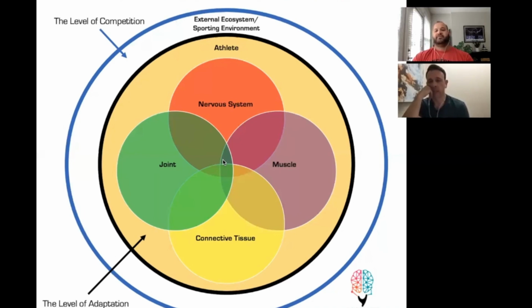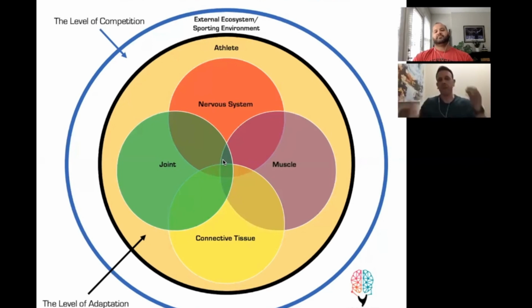Correct. Yeah. Because obviously you do a lot of work with football linemen. So the level of competition for a football lineman is going to come with certain necessities that the football lineman must possess. Right? And that will be different than, and I'll use my kids as an example, who play hockey. The level of competition in that sport is going to be far different.